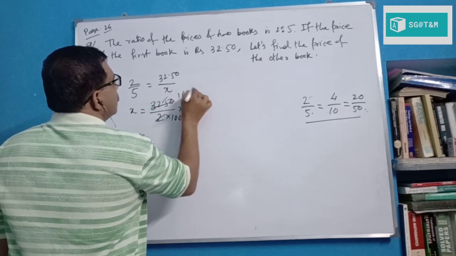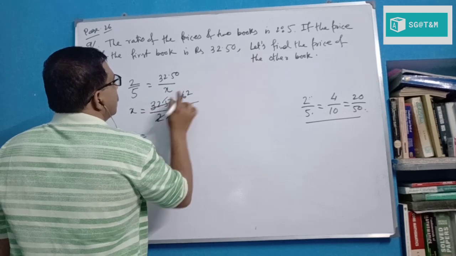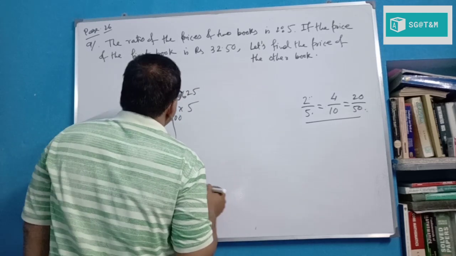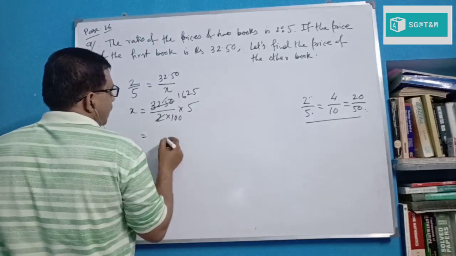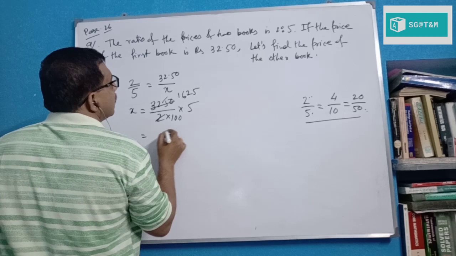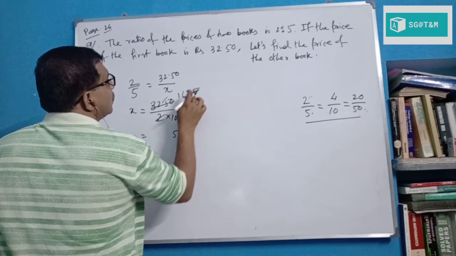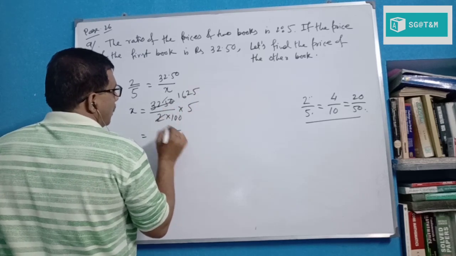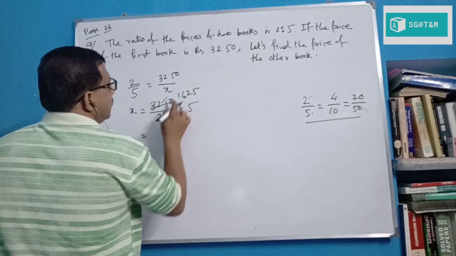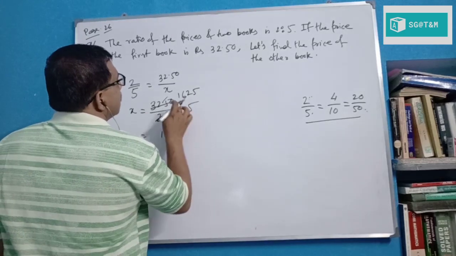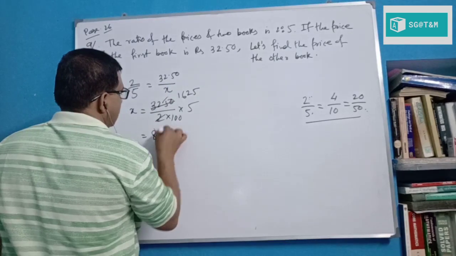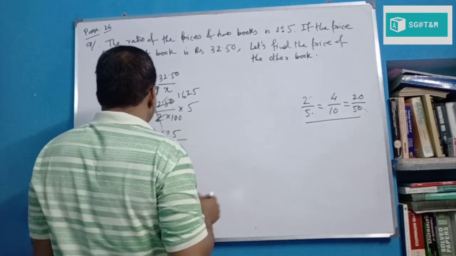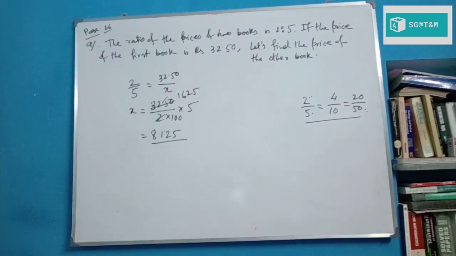This is 2, 5. 16.25 multiplied by 5 is nothing but 81.25.